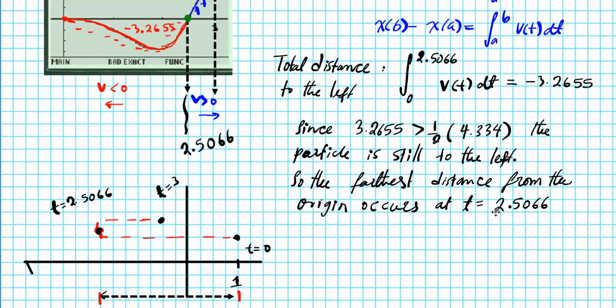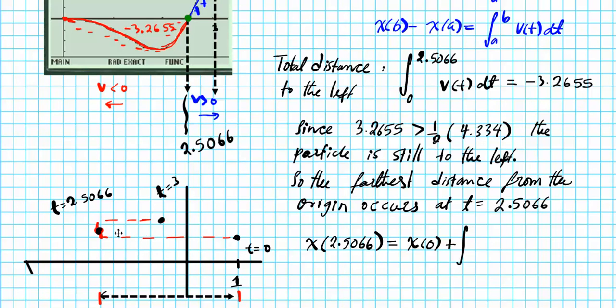So let's find the displacement from t equals 0 all the way to this time right here. This displacement is just the position at t equals 2.5066. That's what displacement is. So we're going to look at x of 2.5066. Looking at the formula up here, it is equal to the initial position, x of 0, plus the net change in position.